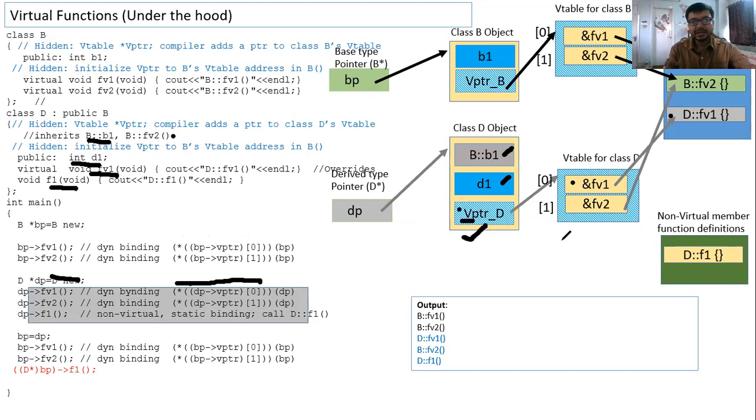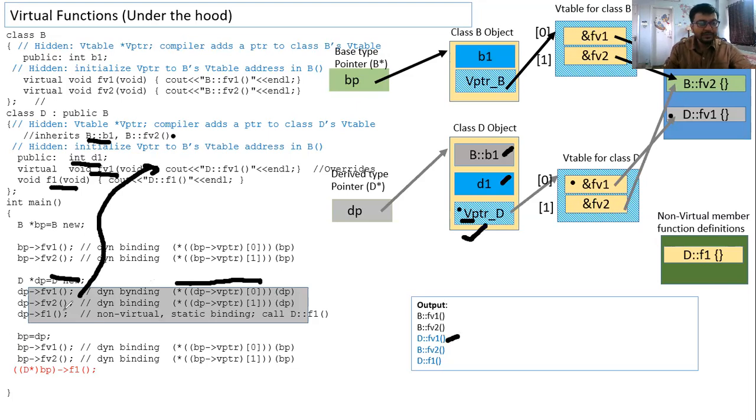It is not accessing a data variable, it is executing a function. So this function will be executed, and you are passing dp, the object's address, which will be pointed by this. So once you do this, you will get this executed, and it will have this display in the output.